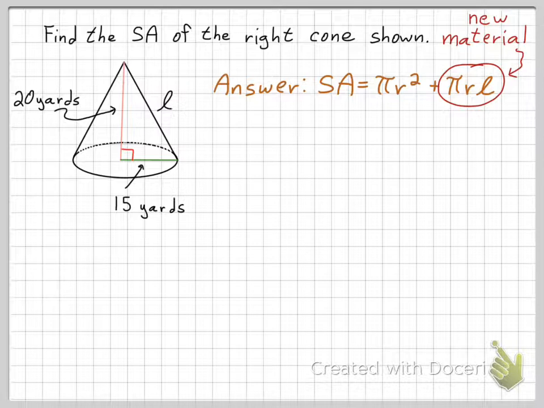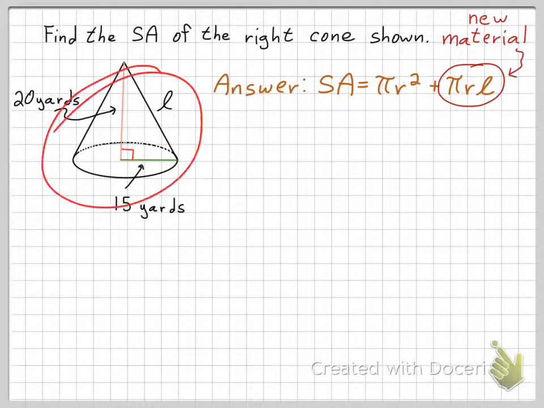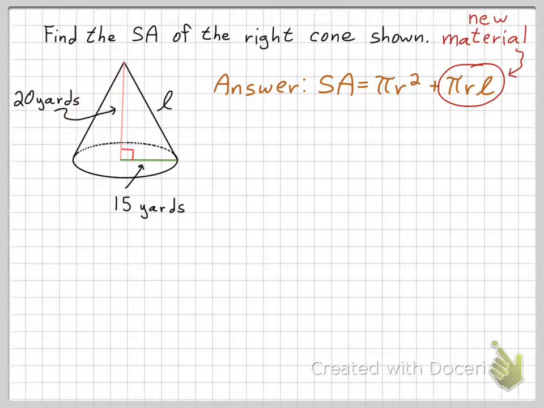So we're actually doing you guys a favor here by having you just add up different surface areas. But in this case, we've never come across the surface area of the lateral side of a cone. So this is new material that you will be responsible for. You have to memorize this. It's pi rl. So if you have, for example, a waffle cone, many of you have probably eaten a waffle cone.